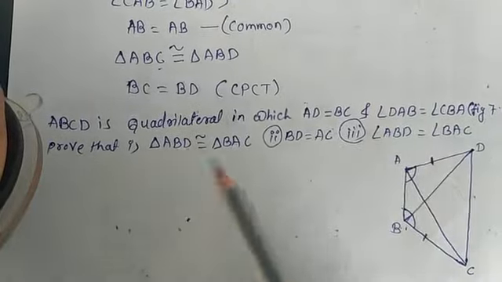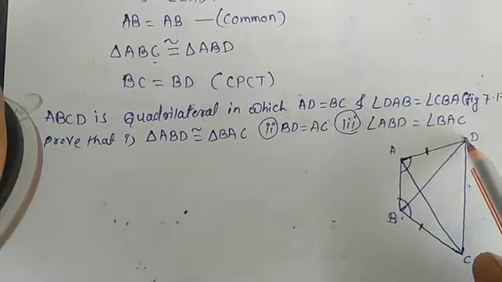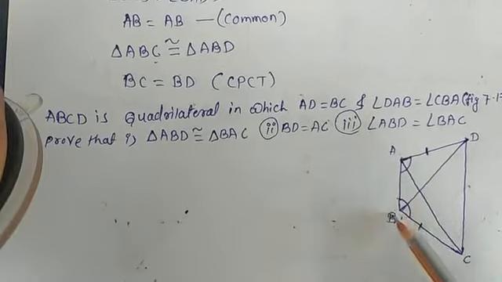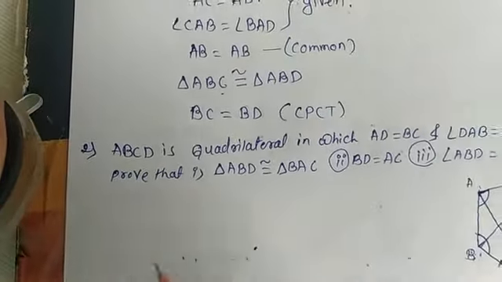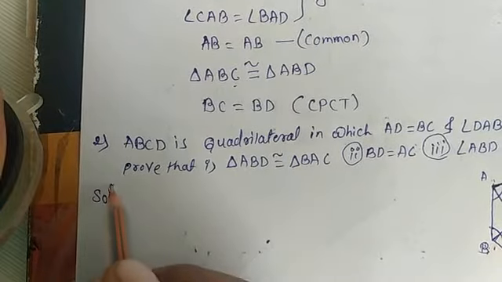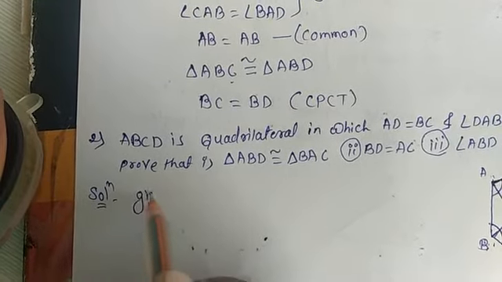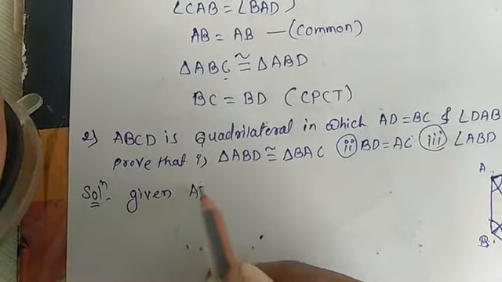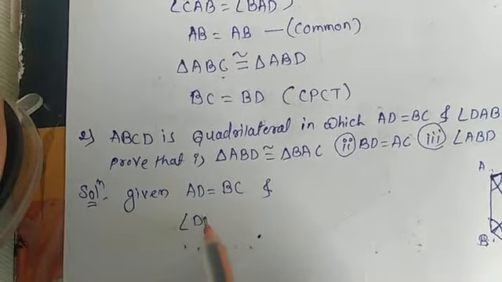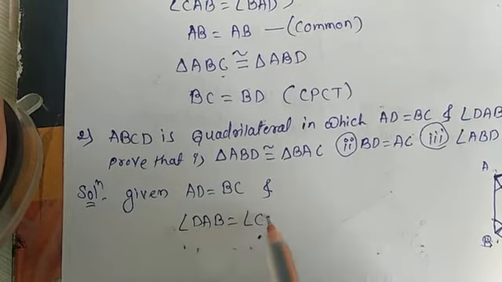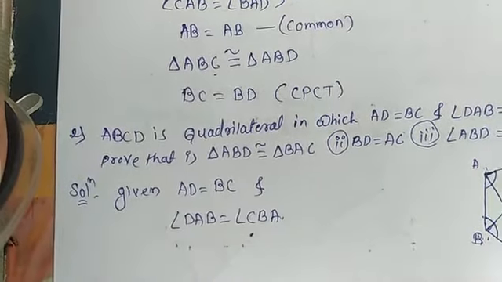Then we have to prove that triangle ABD is congruent to triangle BAC. In the solution, we will consider the given first: AD is equal to BC and angle DAB is equal to angle CBA. This is our given part.